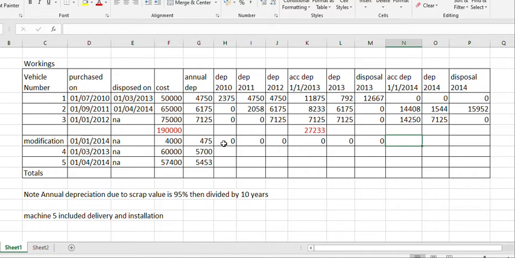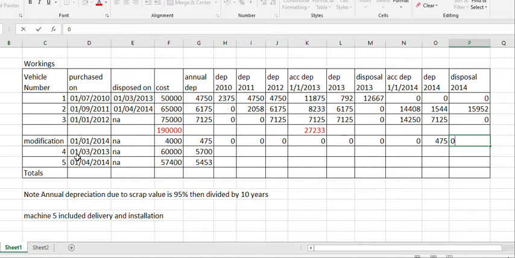Accumulated depreciation on the 1st of the 1st 2014, we had nothing, we only just bought it. So depreciation for 2014, we paid for the modification on the 1st of the 1st, so we had a full year's depreciation in 2014. We are told depreciation is 475, so 475, and no disposal.